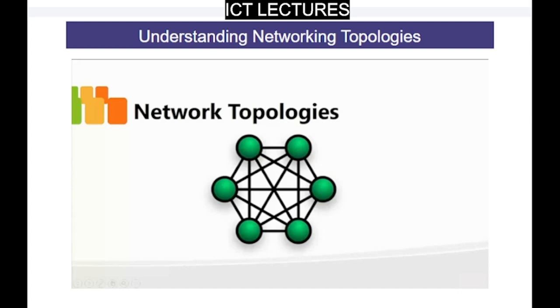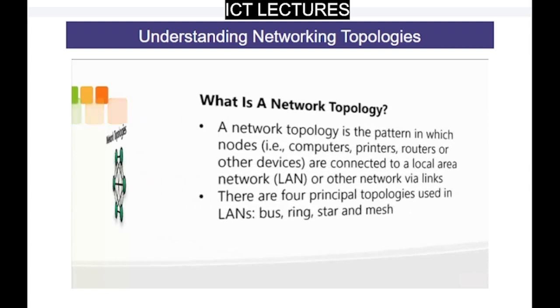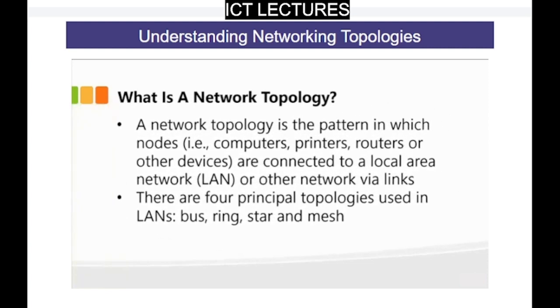In this lesson, I'm going to talk about what a network topology is all about and different types of network configurations or topologies that we can actually use. So the basic definition of a network topology is that it's a pattern in which various computers, printers, routers, or other devices on your network are connected within your local area network, wide area network, or other network through different links.